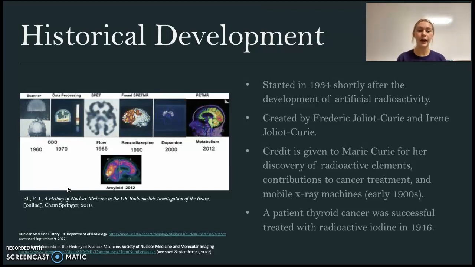And then in 1946, a patient's thyroid cancer was successfully treated with radioactive iodine. This was a significant development because that was the first time a radioactive tracer was successful in treatment.